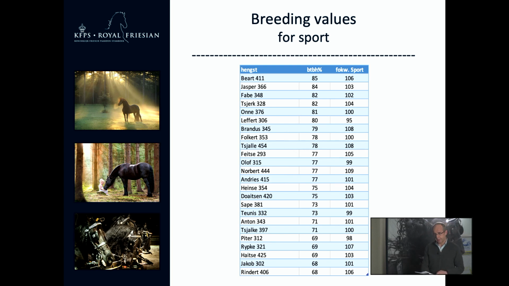How are the offspring doing in sport? So this is something that we are working on fine-tuning, and later on we will see how we are going to implement these breeding values for sport and for character, also in our total merit index.